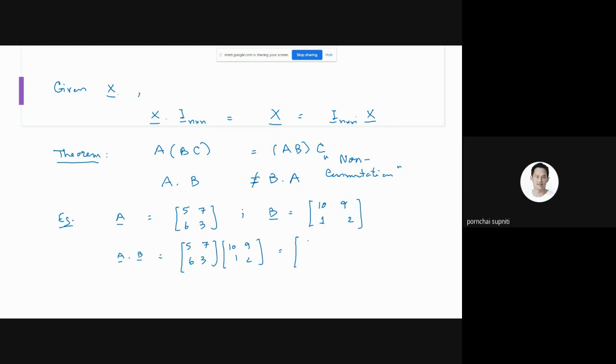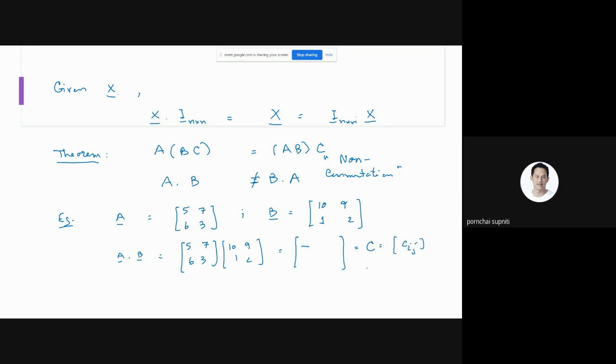What do we get for the first term? Let me call this C, the matrix Cij.